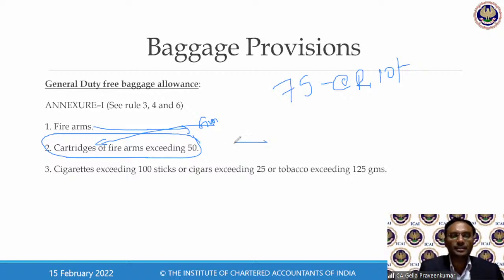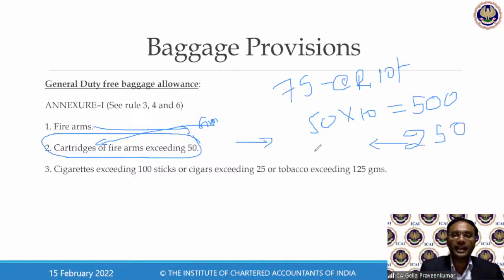So as per this provision, 50 into 10, I get 500. This 500 is a duty-free baggage. So what happens to the balance 250? Balance 250 is dutiable. This balance 250, I have to pay duty. Right? So this is how we understand this particular Annexure 1 in relation to calculation of duty.